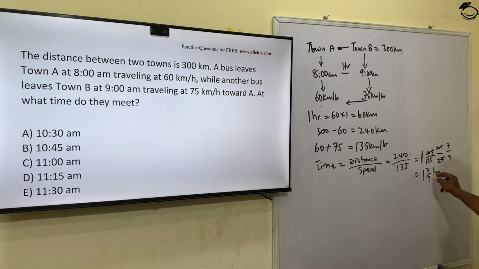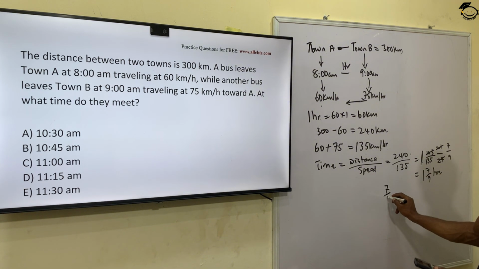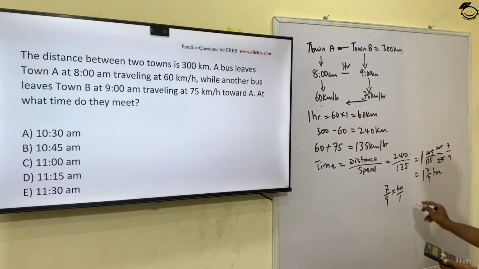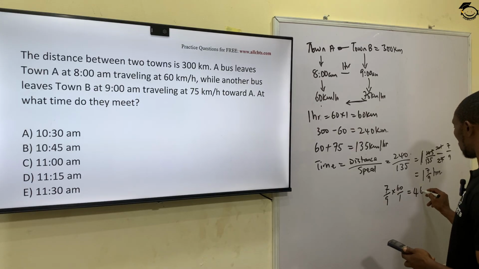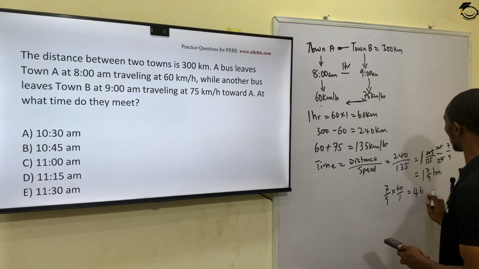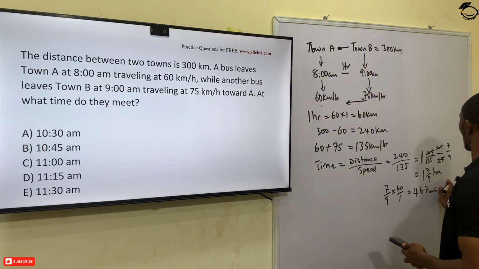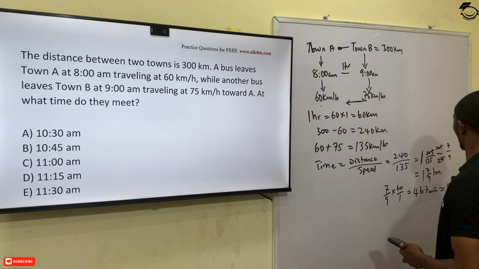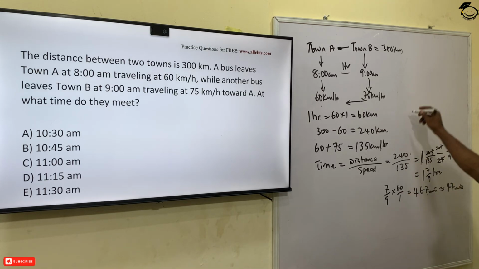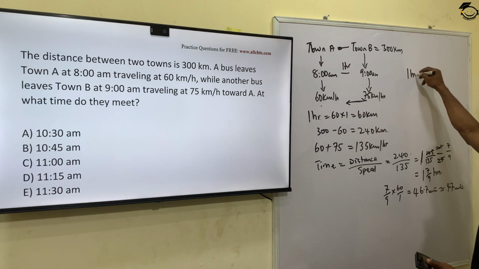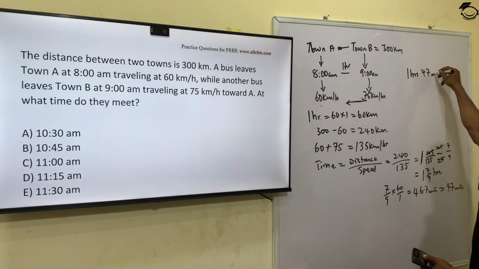Okay, so converting this fraction, 7 over 9 times 60 over 1 will give us 46.7 minutes, which is approximately 47 minutes. So the time for the two buses to meet will be 1 hour 47 minutes.